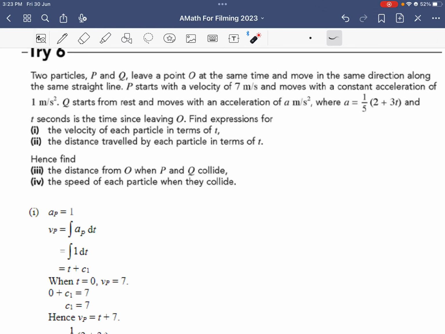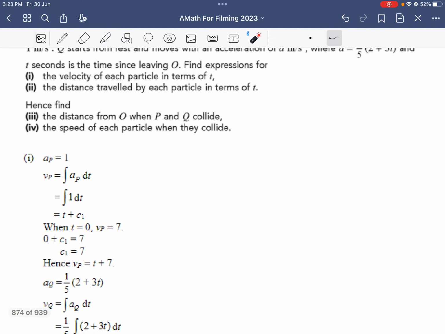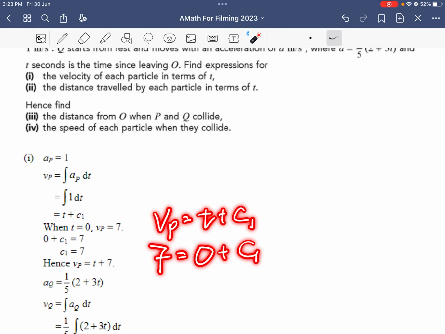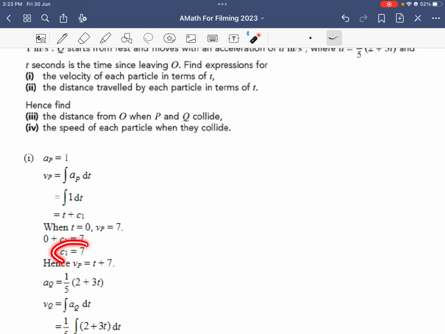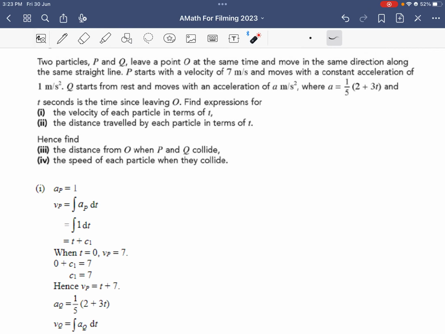Then I learn that at the initial time, the velocity is 7, because P starts with a velocity of 7 meters per second. So when t is 0, t + c1 is 7, hence c1 equals 7. So the velocity of P is t + 7.